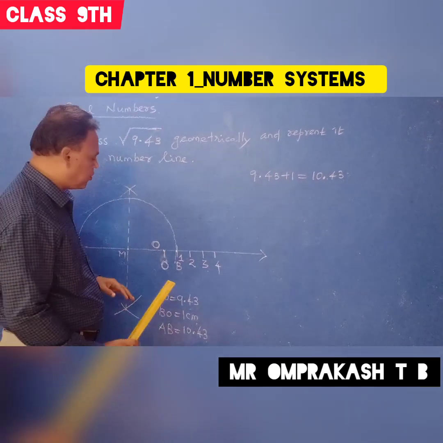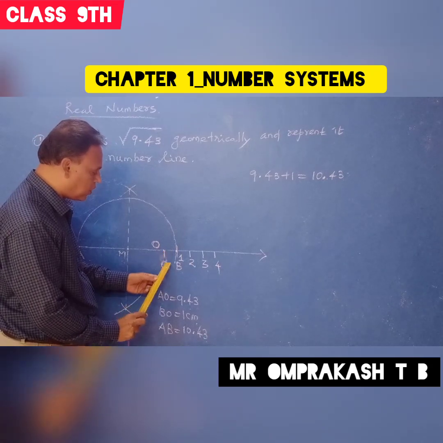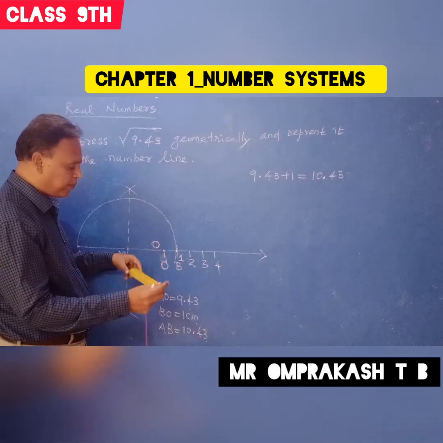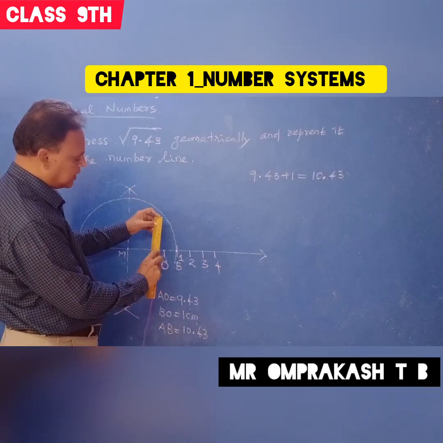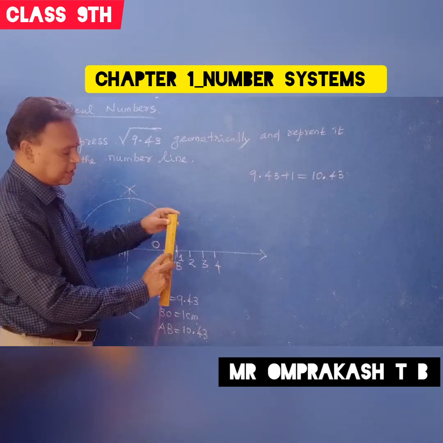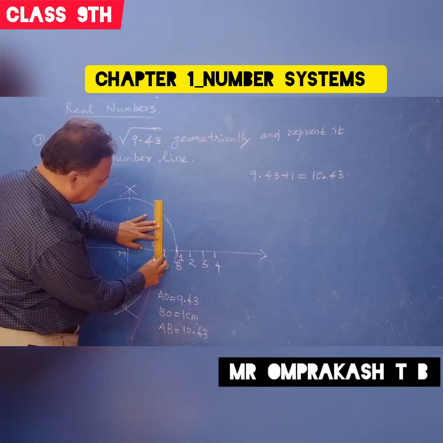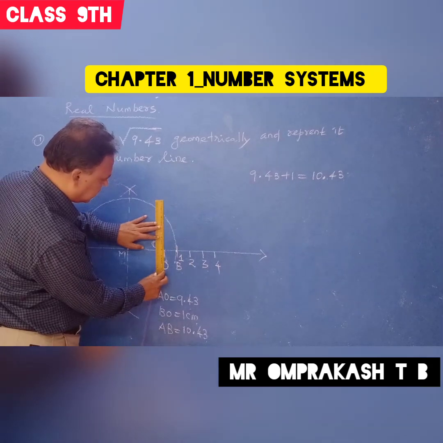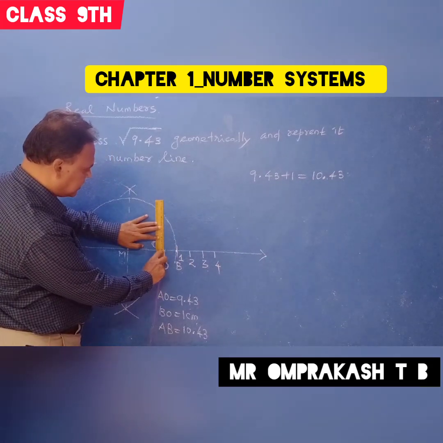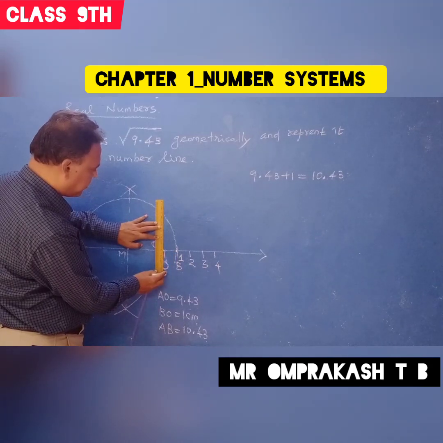Next step, at O you have to draw a perpendicular line. In the scale, you see this line and this line should coincide at both, then you will get a perpendicular line.